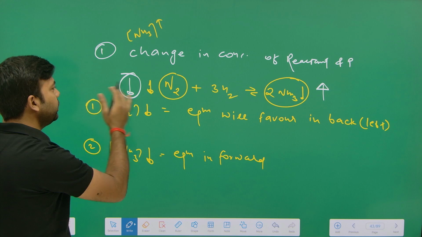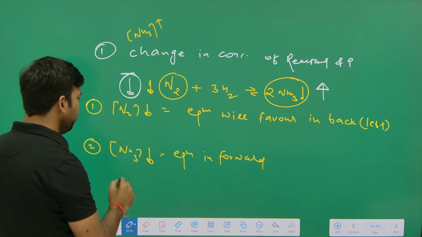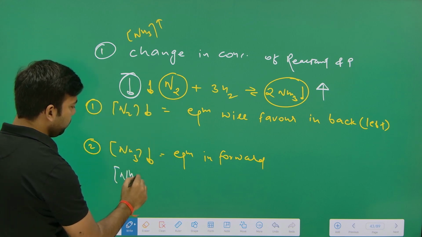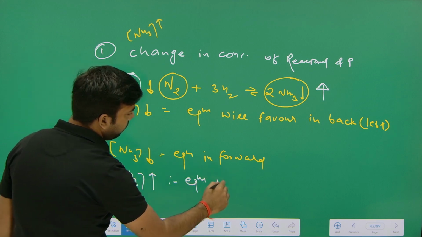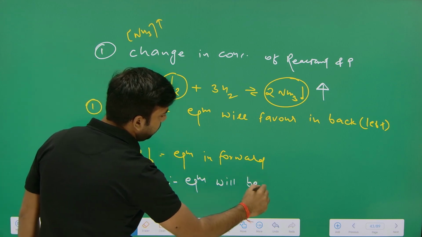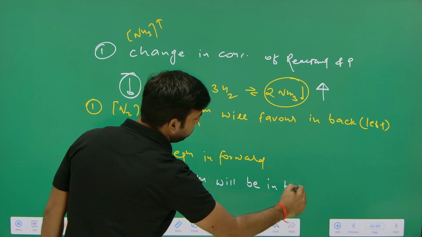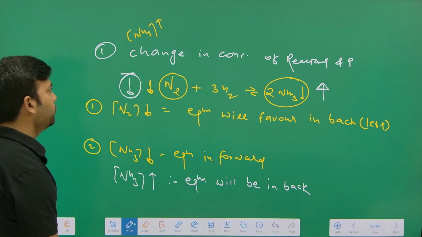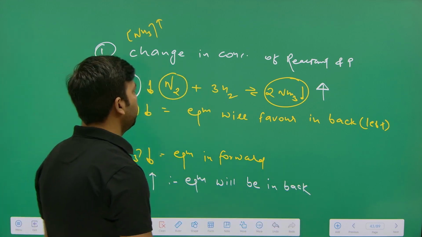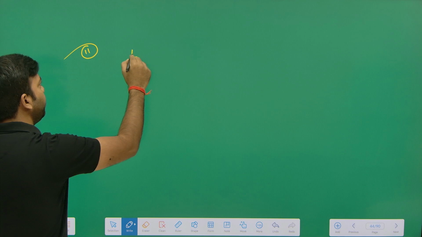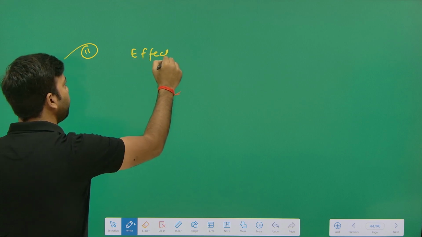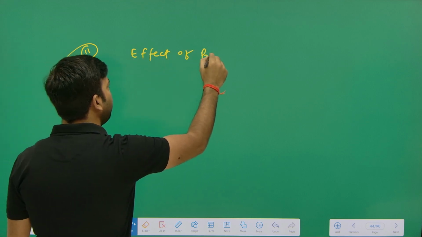So N2 is decreasing, reactant decreasing, so equilibrium will be in backward. Clear? So this is the effect of concentration of reactant and product. Now the second factor, effect of pressure and volume.